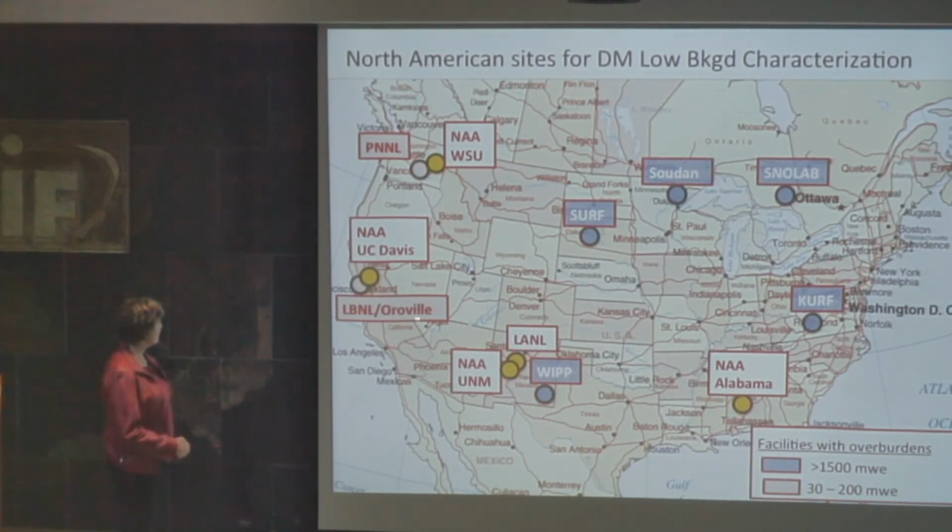So LBNL, Oroville and PNNL have very shallow underground labs. And then a number of these other places have made their name in NAA, for example, where they send stuff off to reactors. And maybe there'll be one somewhere here at some point soon.